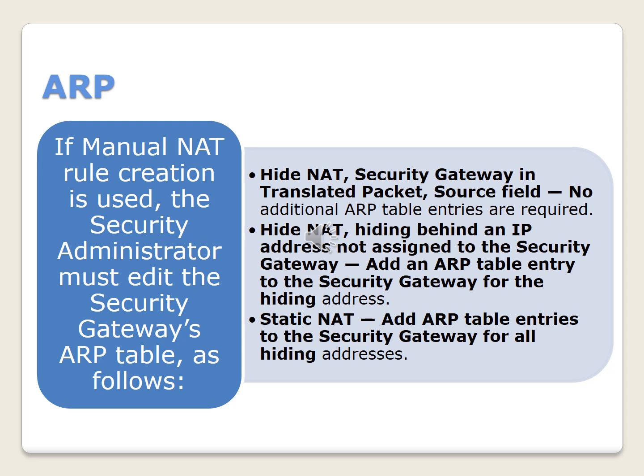Hide NAT with the security gateway in the translated packet source field: no additional ARP table entries are required. Hide NAT hiding behind an IP address not assigned to the security gateway: add an ARP table entry to the security gateway for the hiding address. Static NAT: add ARP table entries to the security gateway for all hiding addresses.